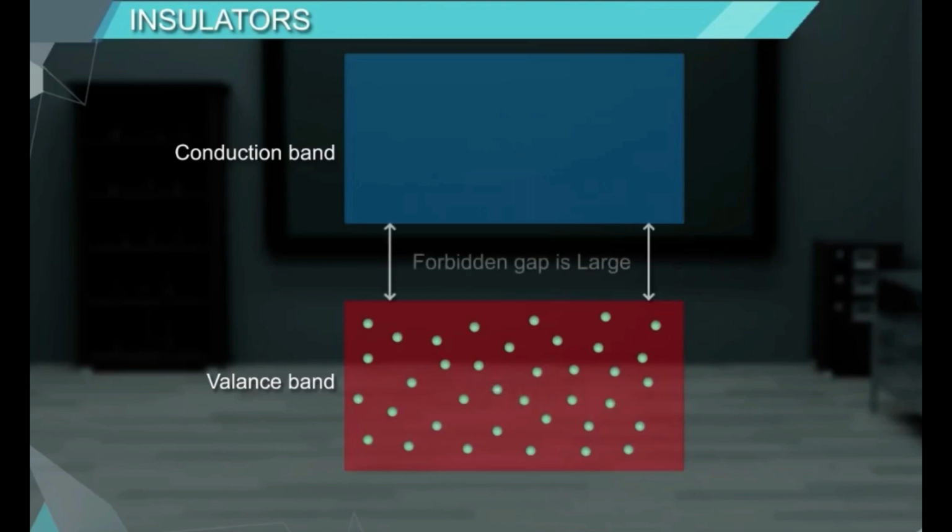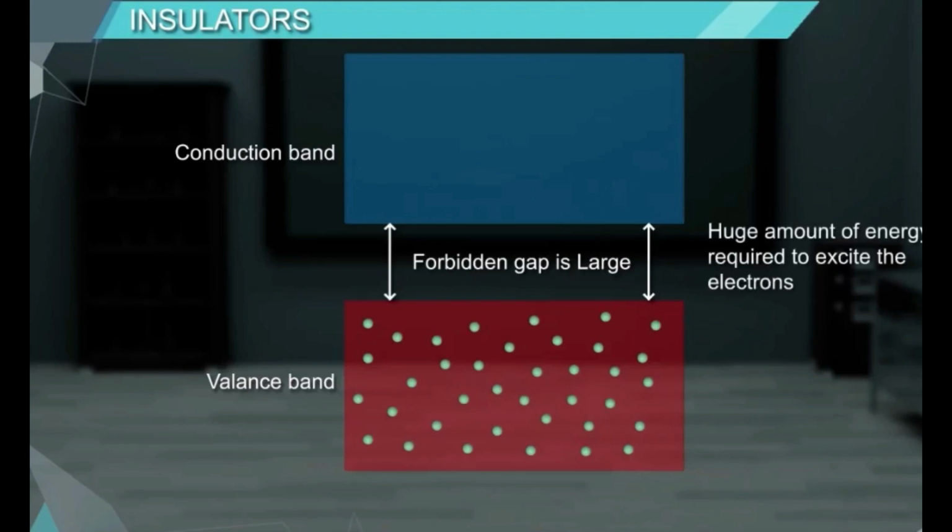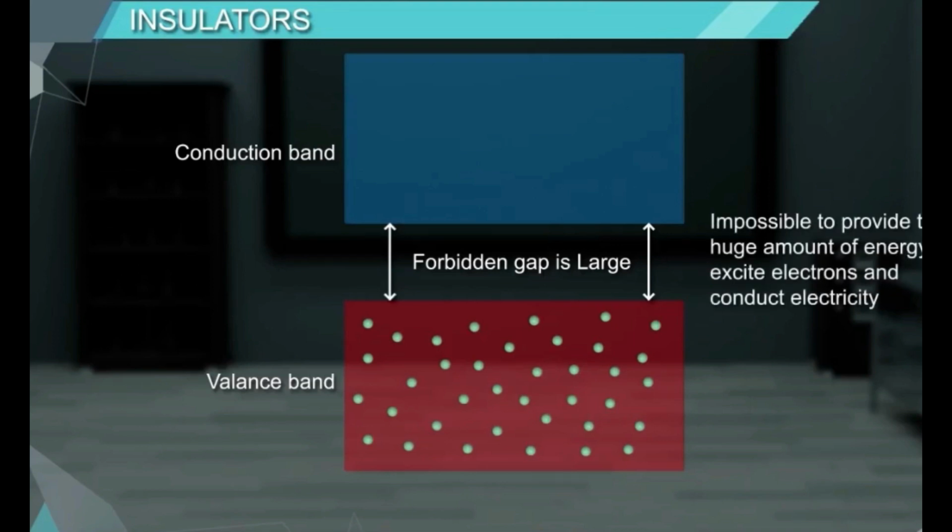Even the forbidden energy gap between the valence and conduction band is large. As a result, a huge amount of energy is required to excite the electrons to the conduction band. Practically, it is impossible to provide this huge amount of energy to excite electrons and conduct electricity. Therefore, most of the non-metals are insulators.